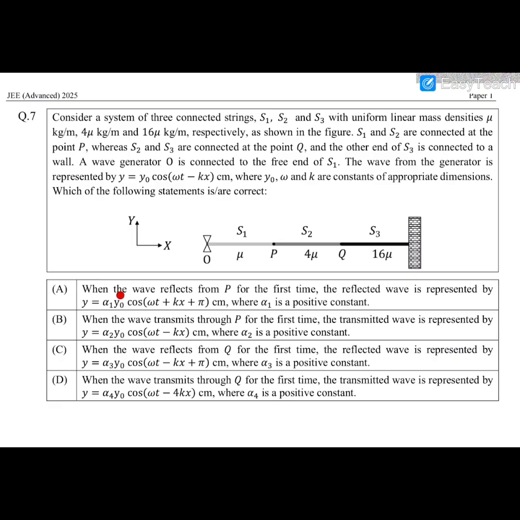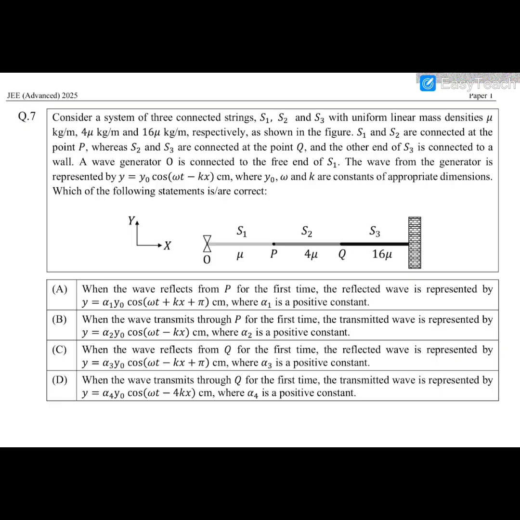In the first option, when the wave is reflected from point P for the first time, the reflected wave is represented by this equation where alpha 1 is a positive constant. So we have to remember three main things.